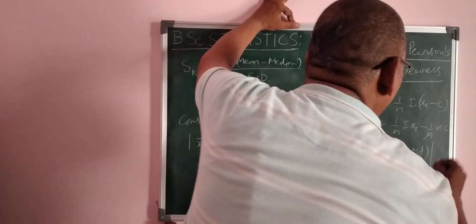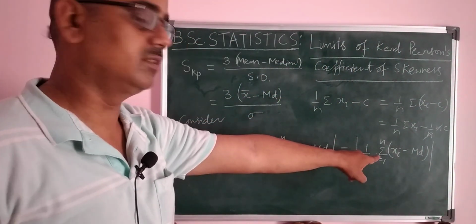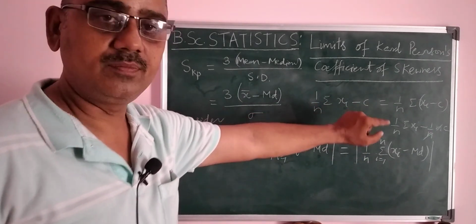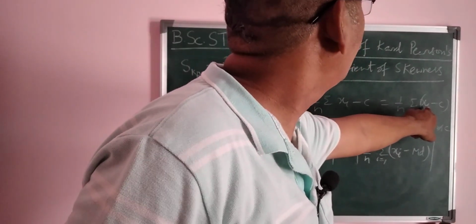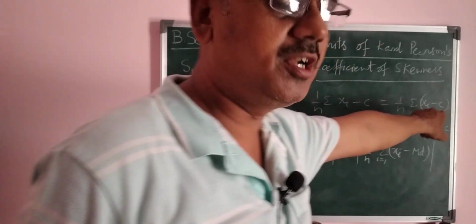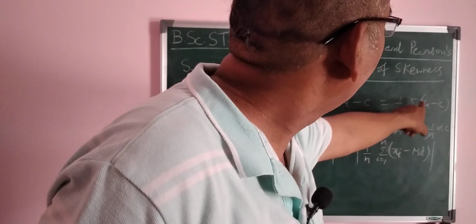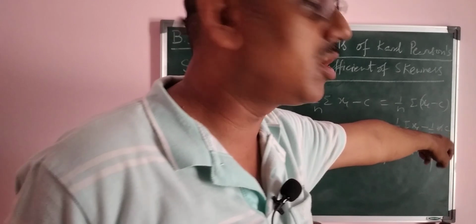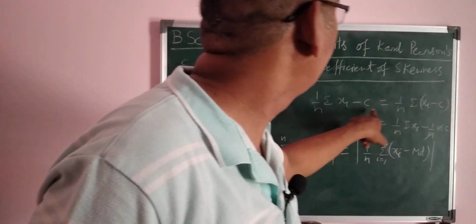Now, hope you understand. This is because if we consider 1 by n summation xi minus constant, and separate it, 1 by n summation xi minus 1 by n summation constant is n into constant, so n will get cancelled and the constant will be there.